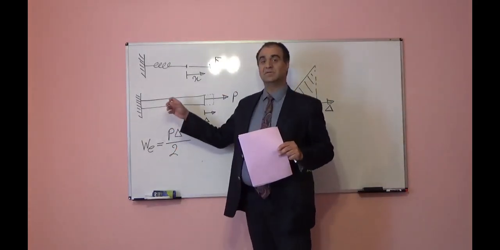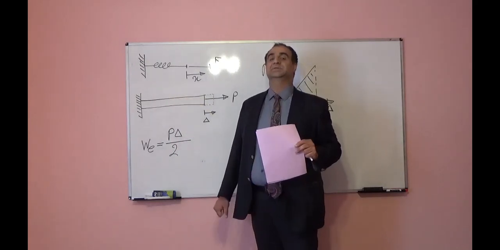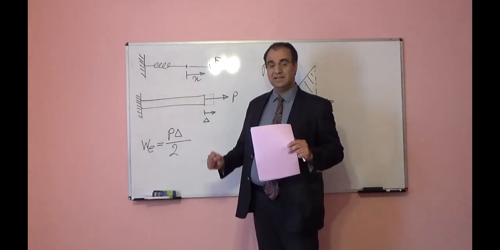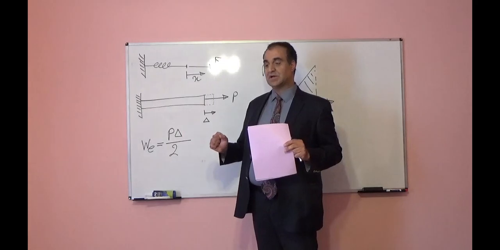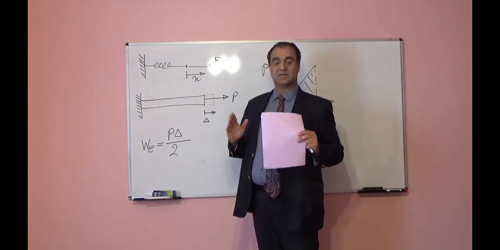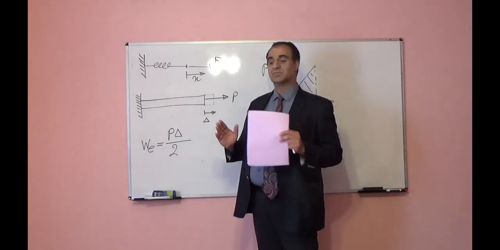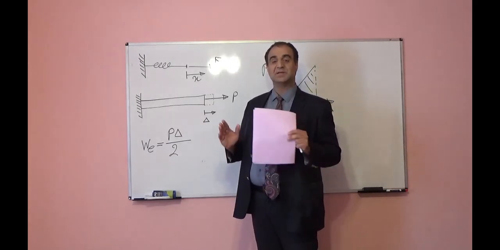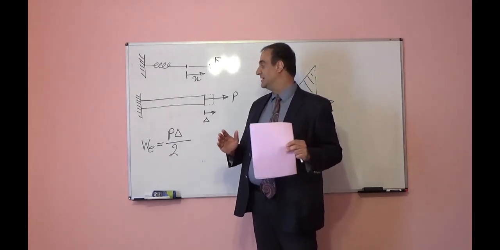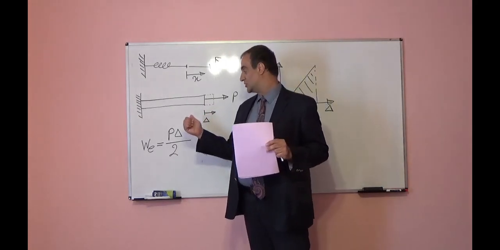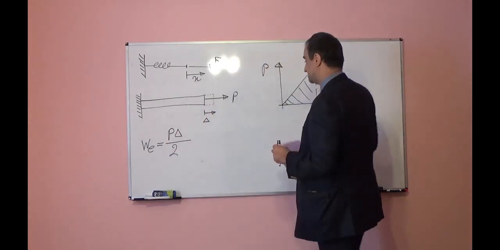Pay attention, we assume here our material, it is linear elastic material, and we are in small deformation range. In small deformation range, most material behavior, it is linear elastic, and they obeys Hooke's law. So we can write this.